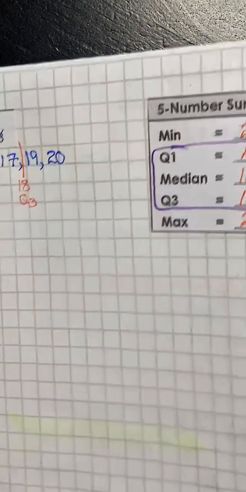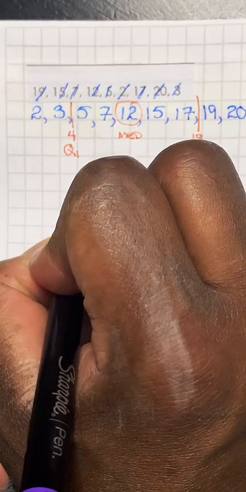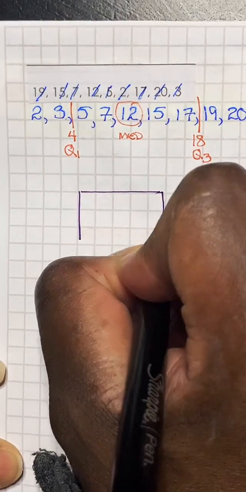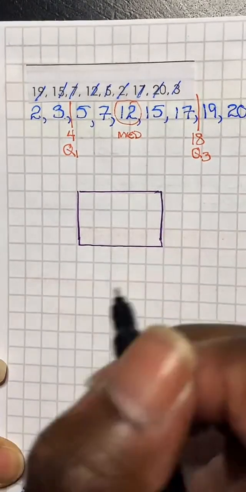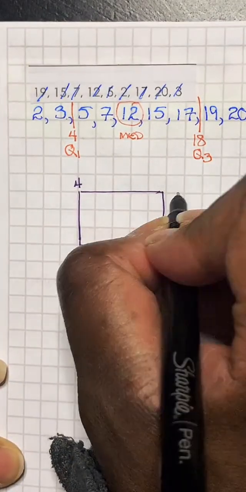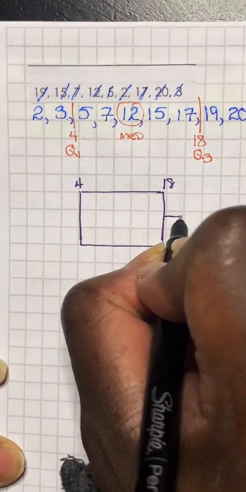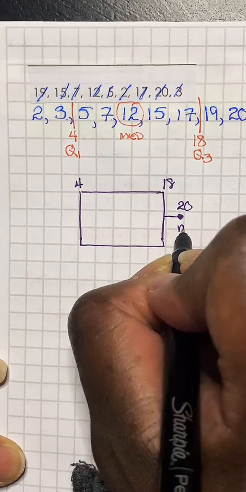So if I were to make a box here, 14, 18 is not too bad. Okay, so this is my 4. This is my 18. 20 is going to be somewhere around here, which is my max.